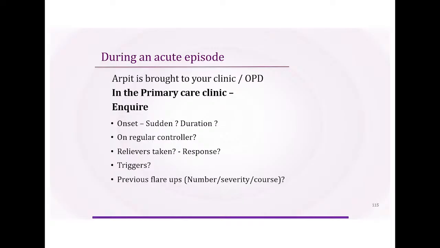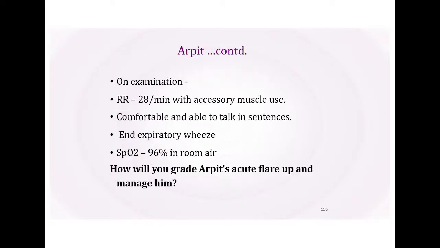For previous flare ups we also have to look at whether his asthma symptoms were well controlled or not. On examination, Arpit has a respiratory rate of 28, that is almost normal, with some accessory muscle use, comfortable and able to talk in sentences, with expiratory wheeze. So 28 is somewhat more than normal. Saturation is 96% on room air.